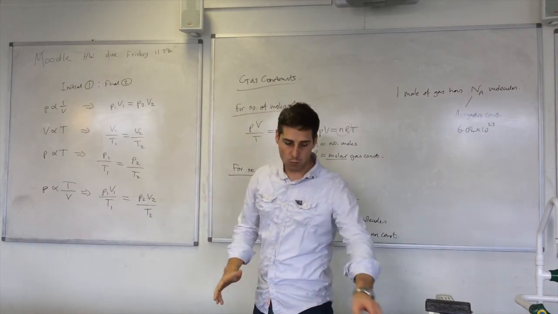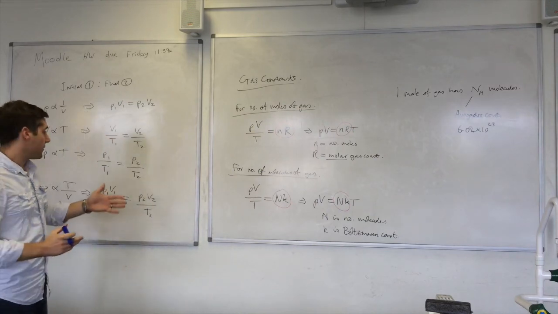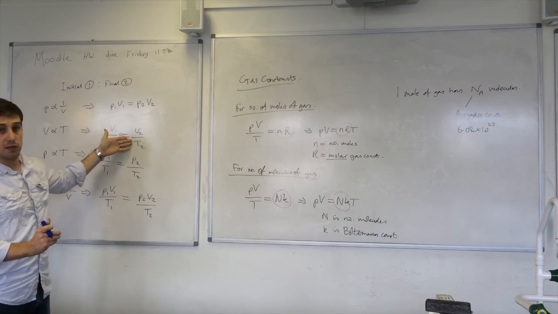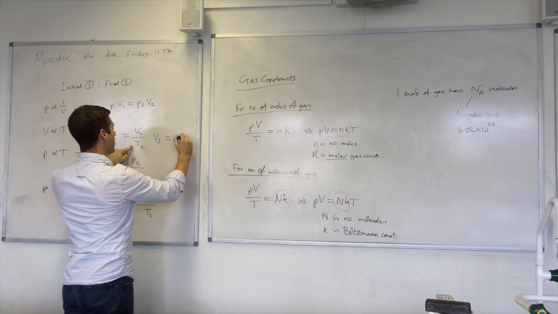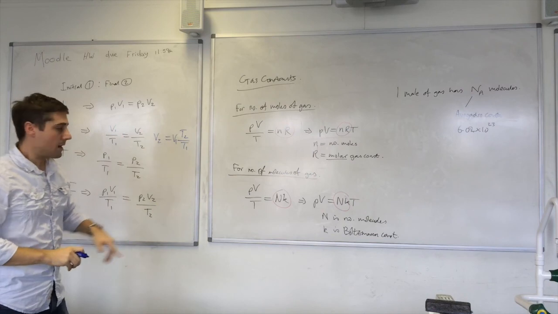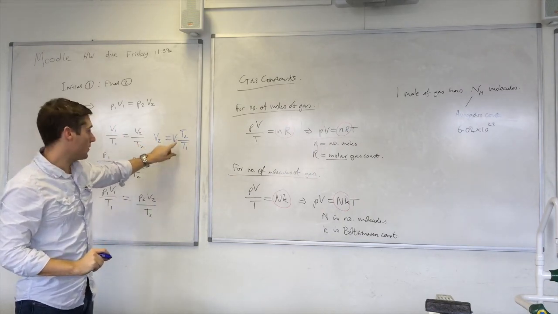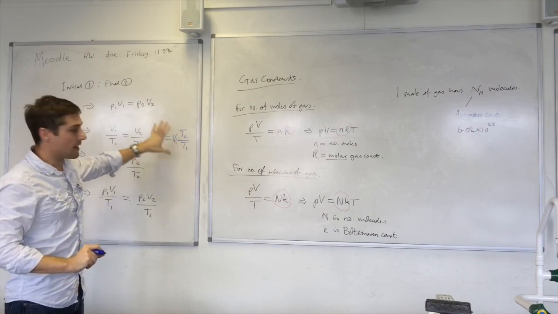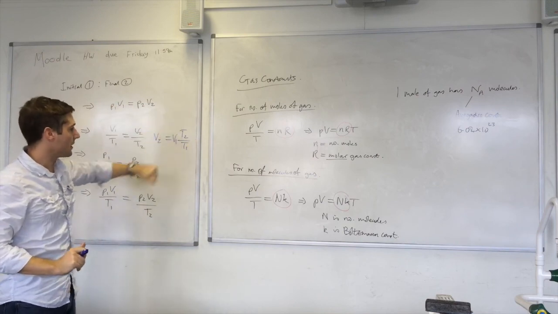What you'll notice with the use of these is that, let's use this relationship. We want to find V2. V2, according to that equation, is equal to V1 multiplied by T2 over T1. Here you can see that the final volume is equal to the initial volume multiplied by a ratio of the temperatures. That's good, the units on both sides agree, because the units here cancel out.